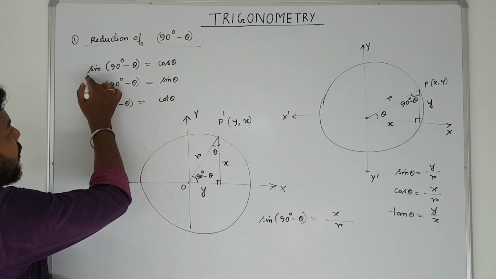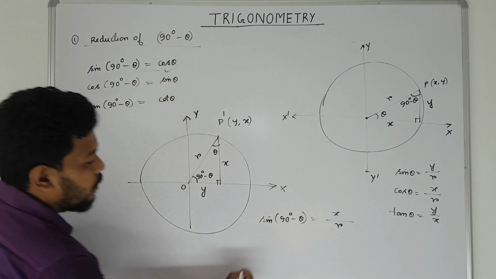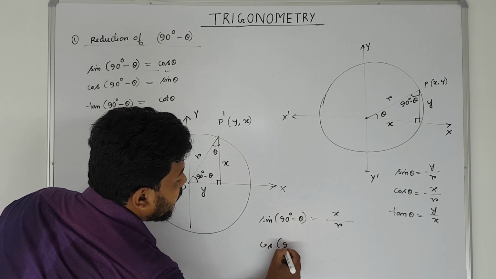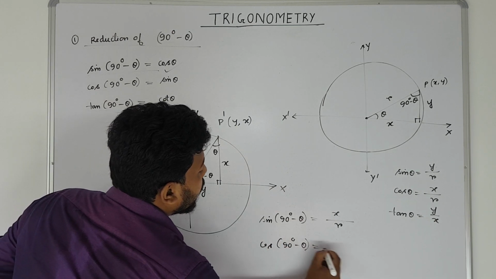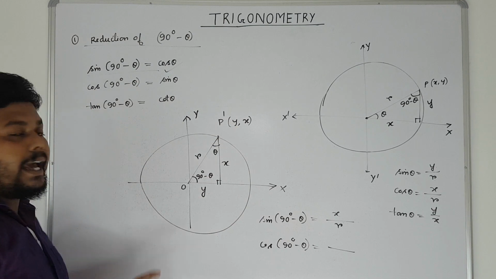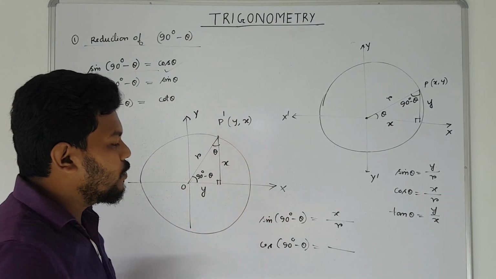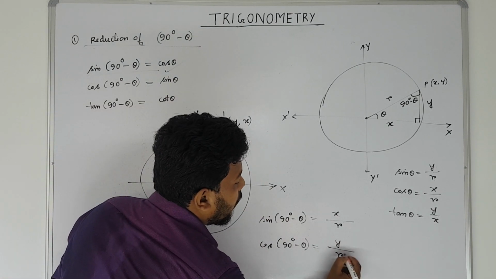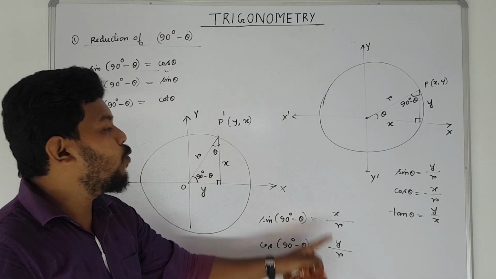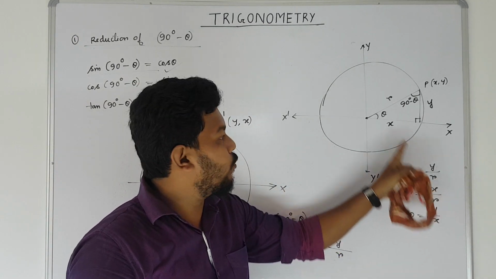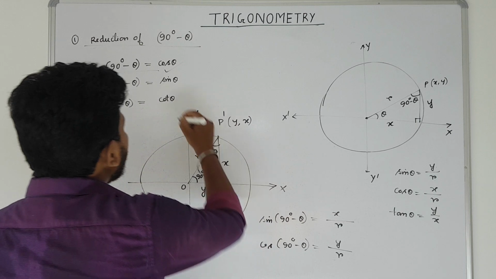Therefore sine 90 minus theta is equal to cos theta. What is cos 90 minus theta? For this point P dash, the x coordinate is equal to y. So it will be y by small r. What is y by r? Y by r is equal to sine theta from this figure. So it will be equal to sine theta.